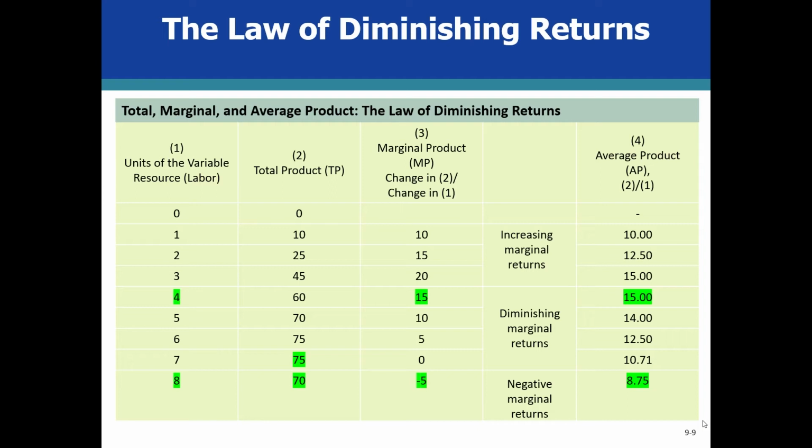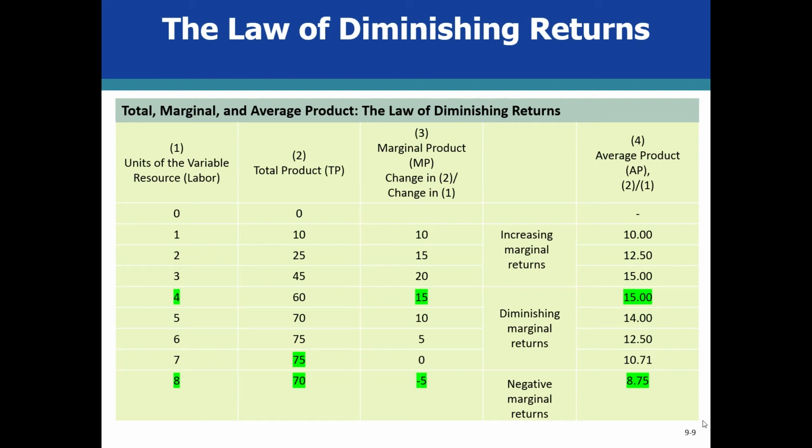Also look at column 4. As long as marginal product is increasing, average product will also increase. Stated differently, labor productivity continues to increase.